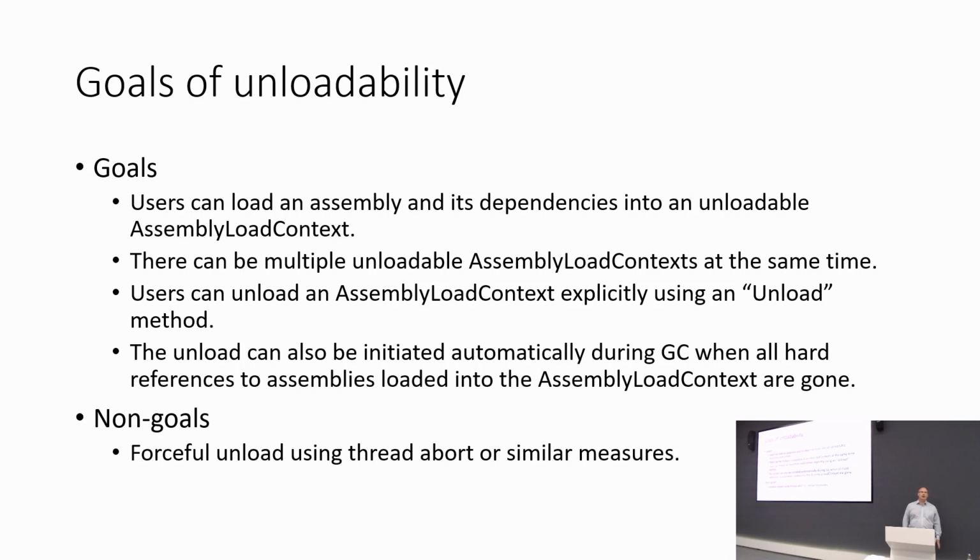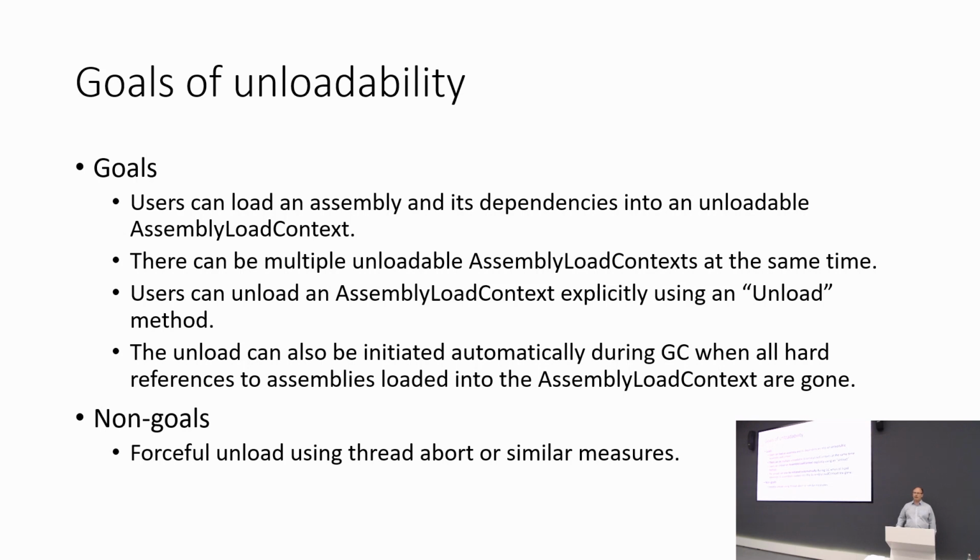Users want to be able to load an assembly and its dependencies into an unloadable assembly load context in the new world. You can have multiple of those contexts at the same time, and then later on you can unload the assemblies when you don't need them anymore, either by explicitly calling the unload method on the assembly load context.